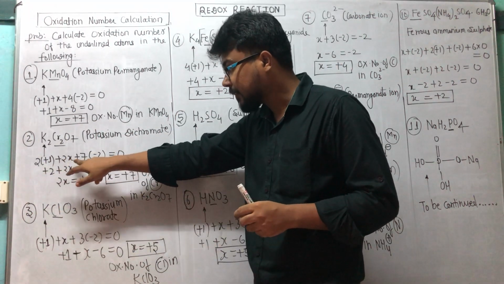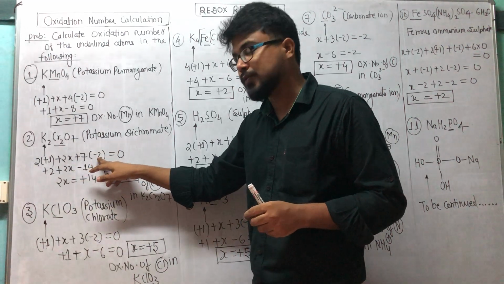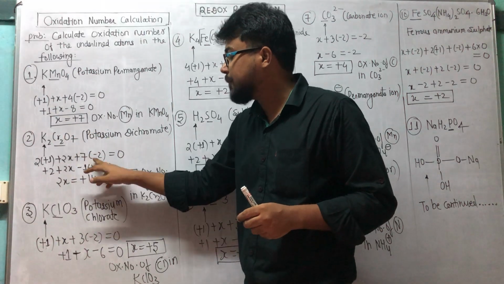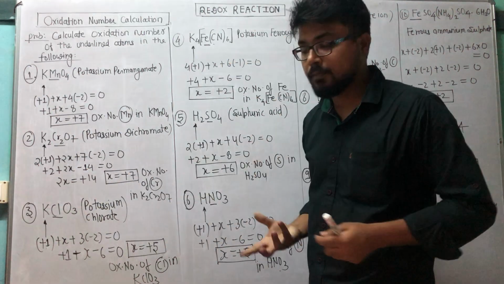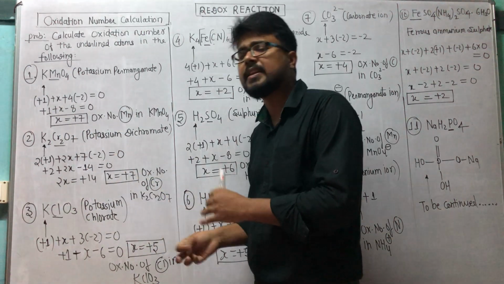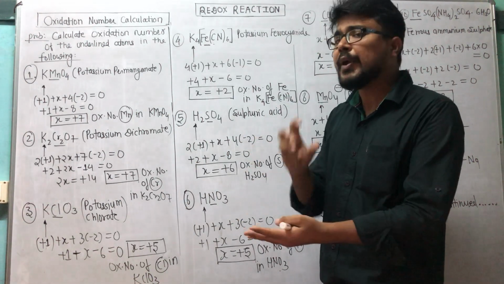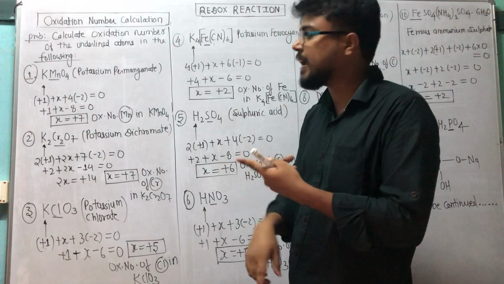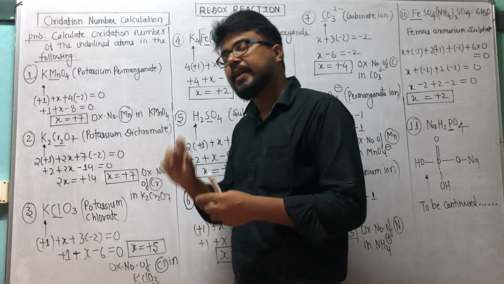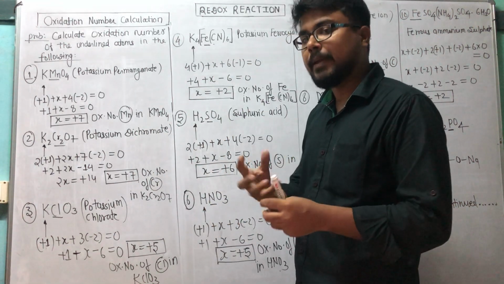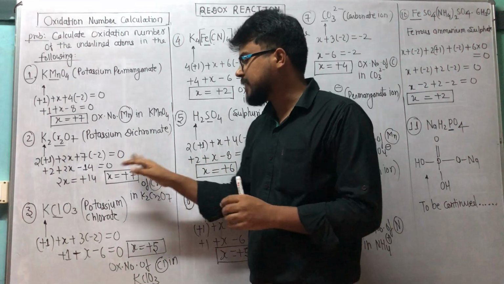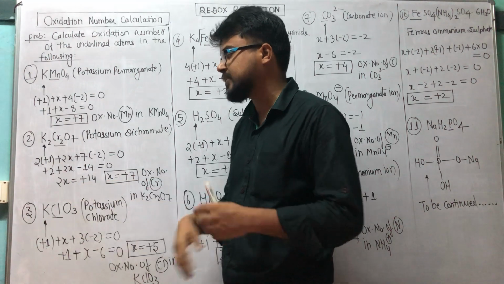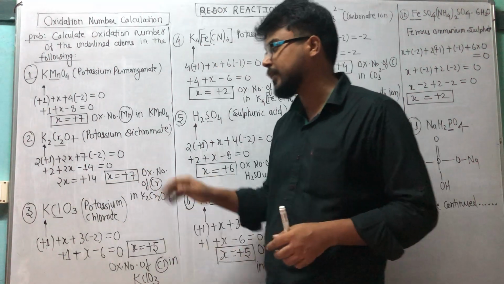Next, +7 -2. Why 7? Because the number of oxygen is 7, and I consider this oxygen as a normal oxide, -2, equal to 0. Because no information is available regarding peroxide, superoxide or normal oxide, I will put -2 almost 95% of the time. So the equation is +2 plus 2x minus 14 equal to 0, so 2x equal to +14, or x equal to +7.